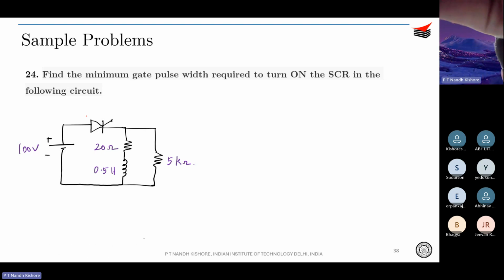Of course, I forgot to mention your IL values. Take IL as 50 milliamperes and IH as, let's say, 25 milliamperes. Always note that IL is always greater than IH.